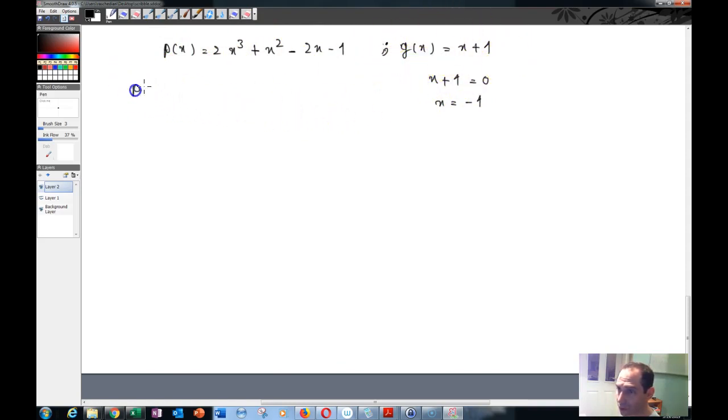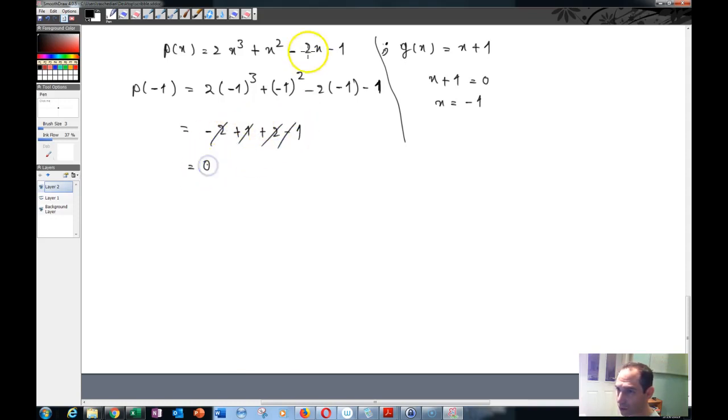So p of negative 1 here is equal to 2 times negative 1 whole cube plus negative 1 whole squared minus 2 times negative 1 minus 1, which is equal to negative 2 plus 1 plus 2 minus 1, and these two will cancel out and you'll end up with 0. That means that this polynomial is actually divisible by this polynomial, or this polynomial is a factor of this polynomial.